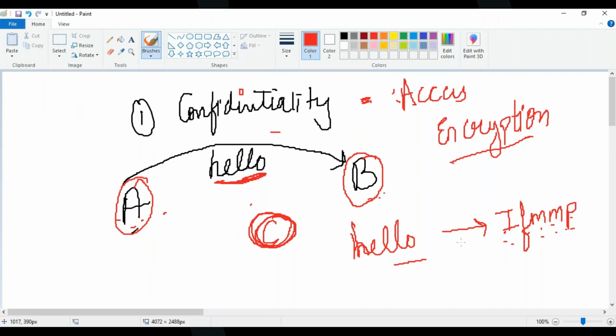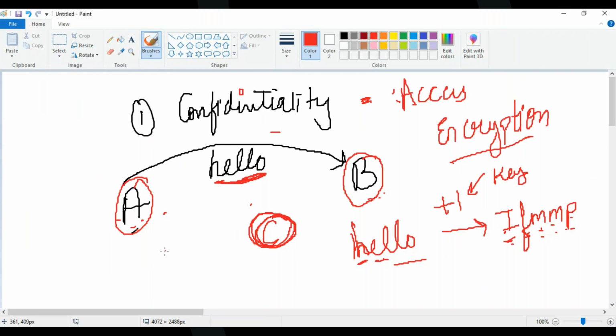Incremented by one. Exactly. You can see after H what comes in alphabets: I, then E, then F, then L, then M. So I have used plus one key over here, right? I have increased by one alphabet.